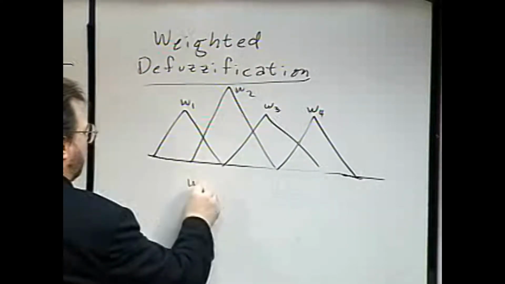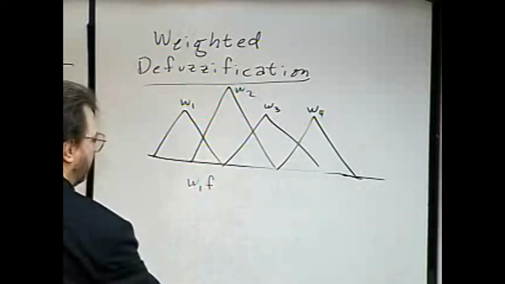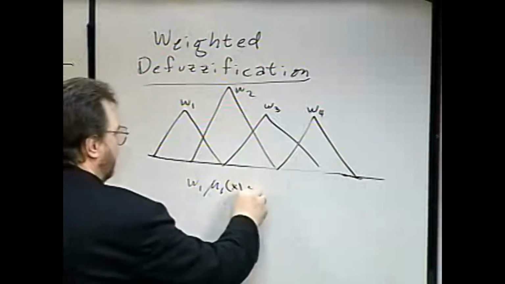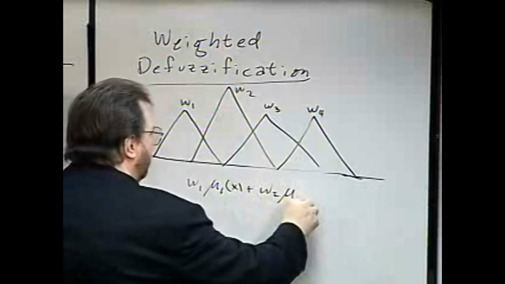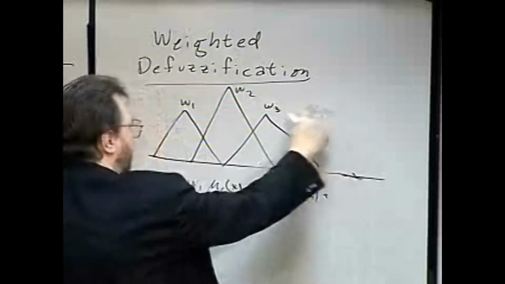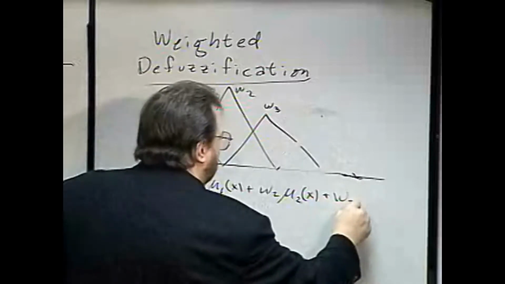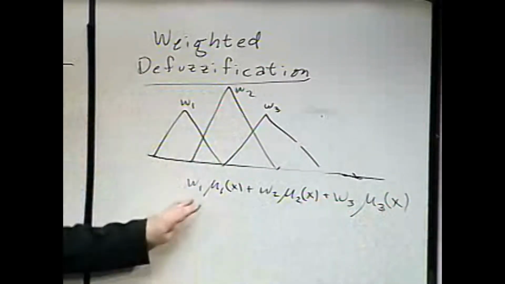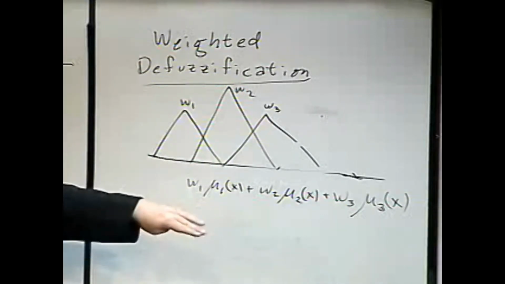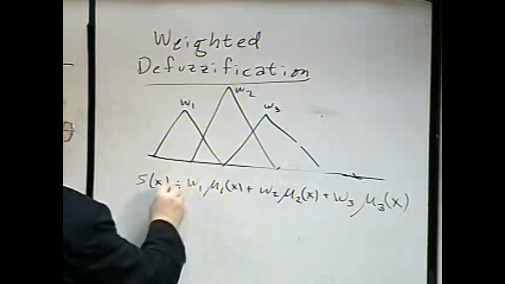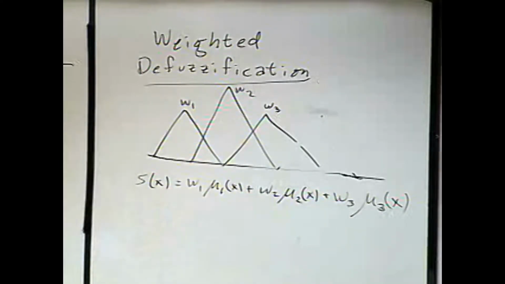It'll be weight 1 times the membership function for the first value plus weight 2 times the membership function of the second value plus, let me do 3. If I do 4, I got to write too much stuff down. Okay, it's this. So this is the function that we get when we add them all together, correct? So this is the sum, if you will, the sum of x. Now we would like to find the center of mass of this sum.